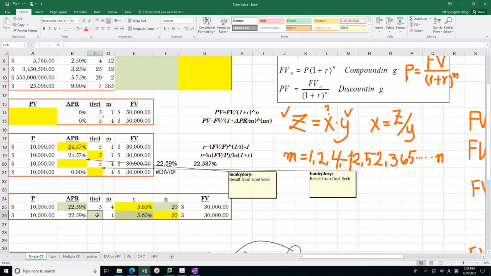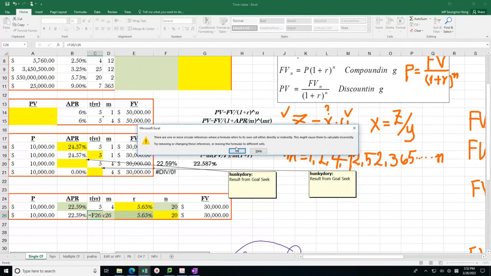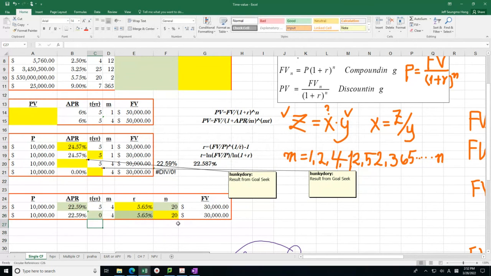That's 20 quarters, but the question was in years, so you will need to convert it, simply divide that by M, that's going to be D26. There you go. It gives us exactly 5 years.